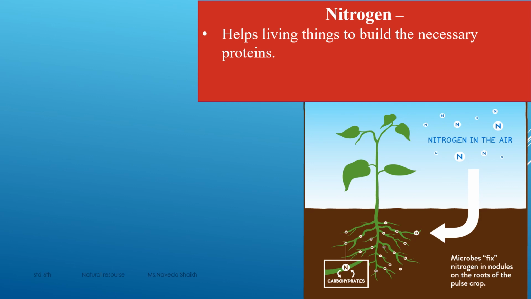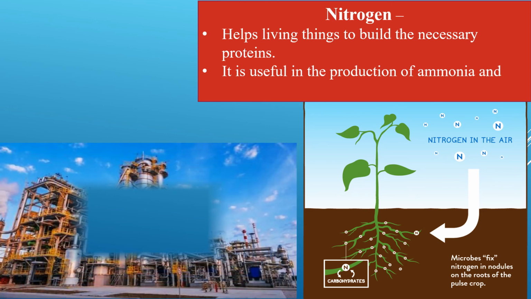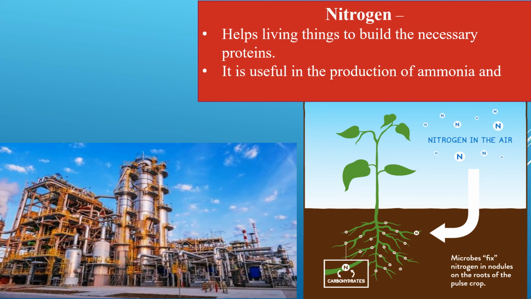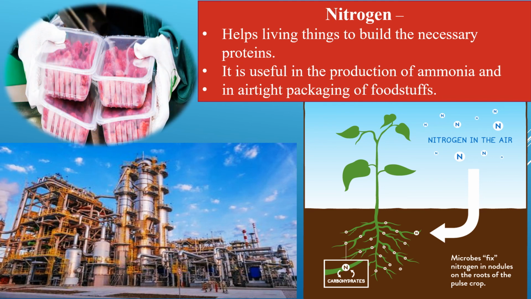It is also useful in the production of ammonia, and ammonia is useful for plants. Next, it is used in airtight packaging of foodstuffs. Here you can see how airtight foodstuffs make use of nitrogen gas.